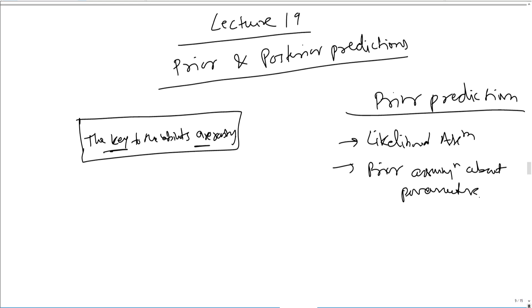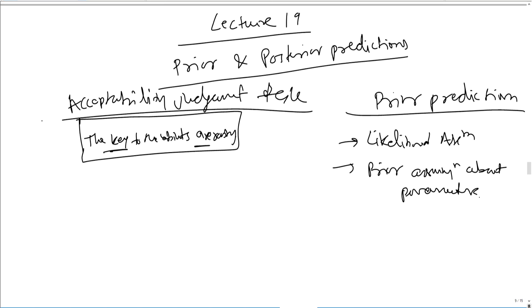So the task is to judge whether this sentence is an acceptable sentence of English or not. Let us call it an acceptability judgment task.